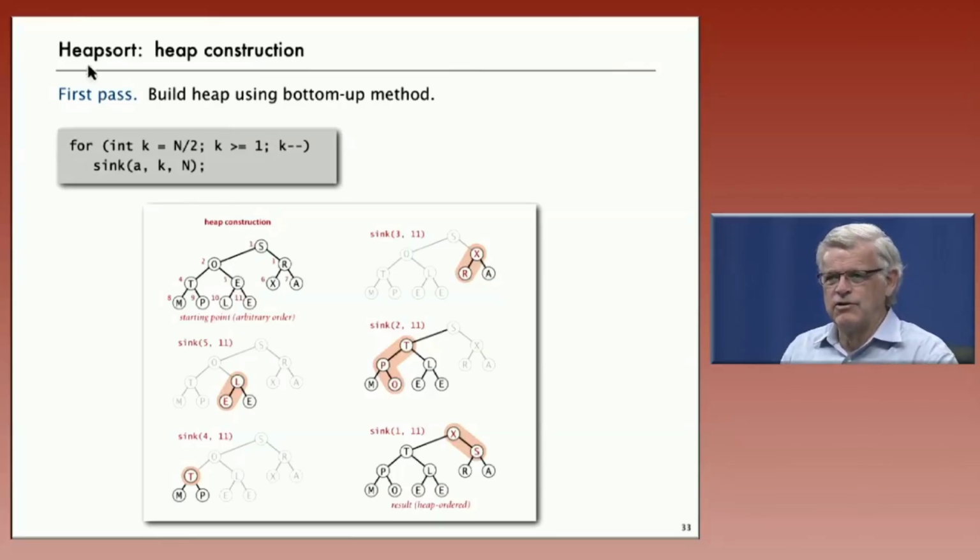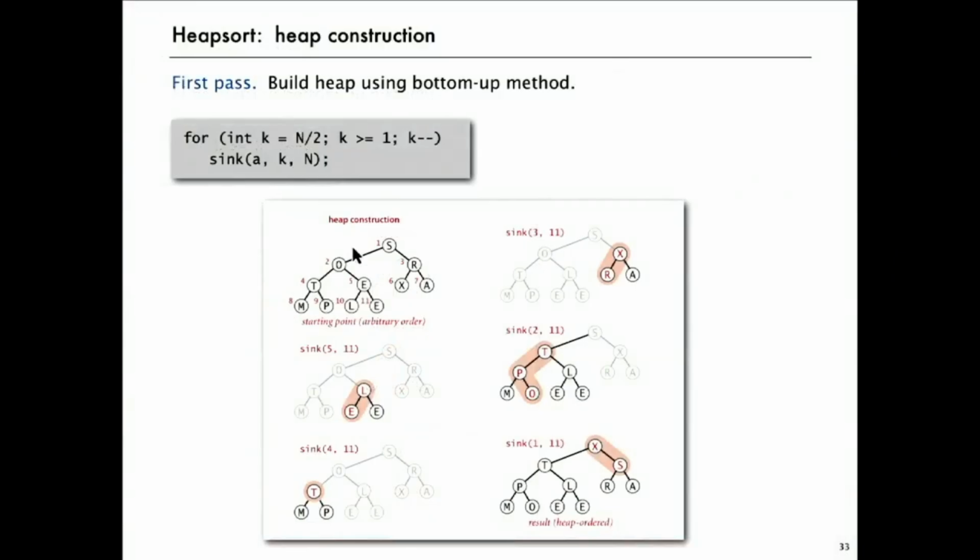And then these diagrams summarize the sink calls that we just went through in the demo, starting at 5, 4, 3, 2, 1. As you can see, only 5 exchanges are needed to bring this into heap ordering.